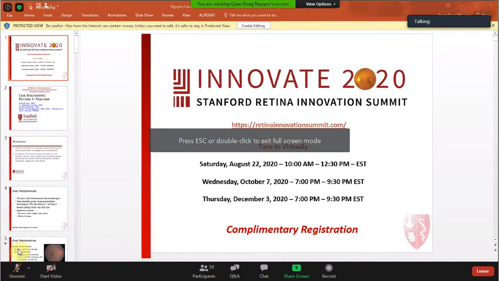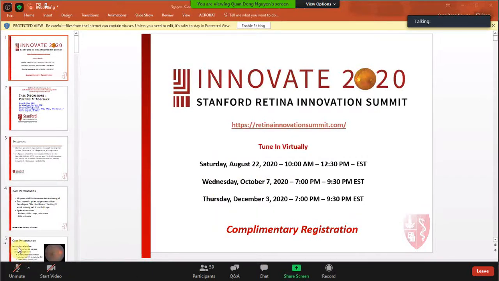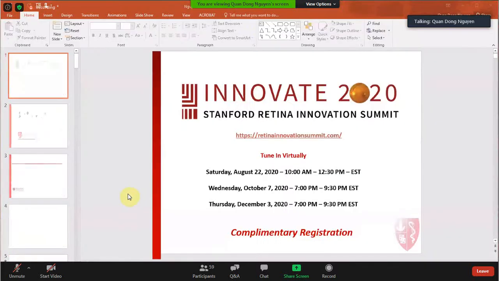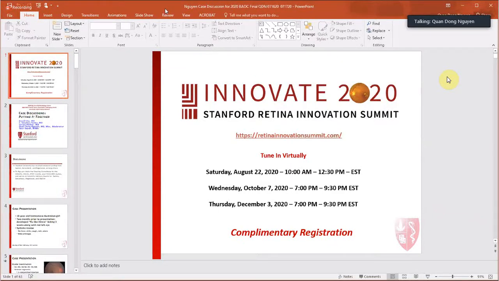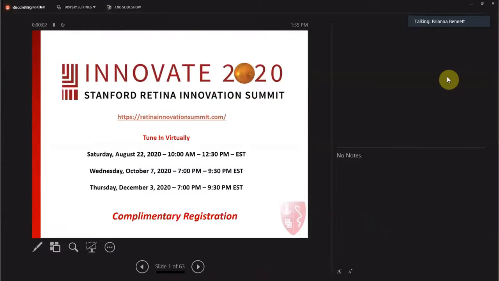So let's see. You see it right now, ladies and gentlemen? Yes, I see it right now. It's in edit mode. So you just have to click the present button. I am clicking the present button. Yes. Okay. We're seeing. Yeah, you need to change the display settings.